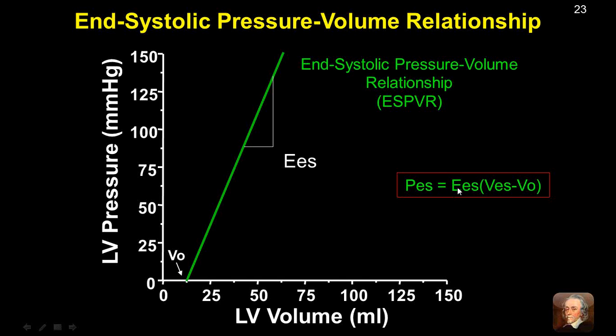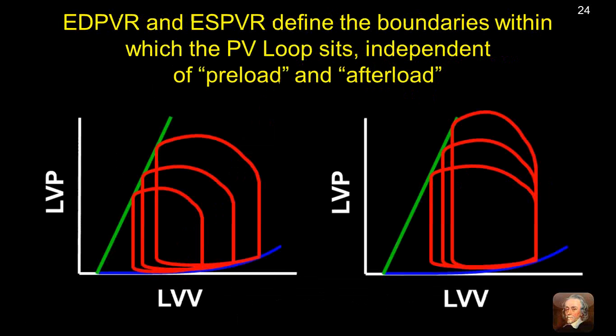End systolic pressure equals the end systolic elastance times the difference between the end systolic volume and the V0. This equation comes in very handy, especially when we're starting to deal with quantifying contractility and also understanding aspects of ventricular vascular interactions.